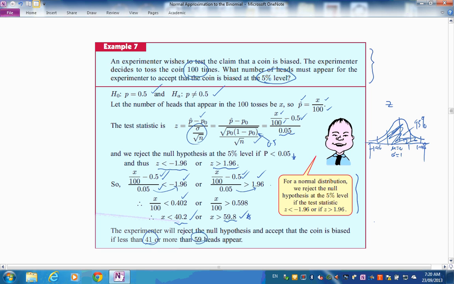If it was bigger than 59.8, really we could argue about whether we'd call that 60 or not, but if it exceeds 59, then we're out there in terms of the nearest whole number. And here, it must be less than 40.2, so if it was less than 41, the next one is 40, which is too little.